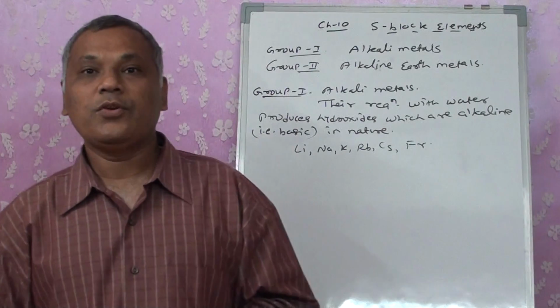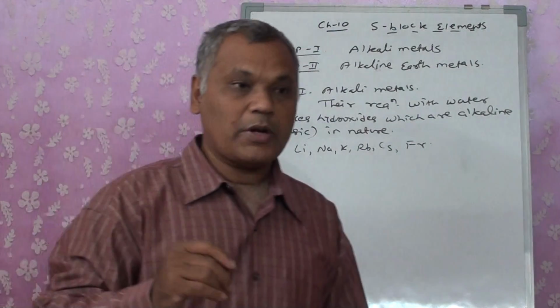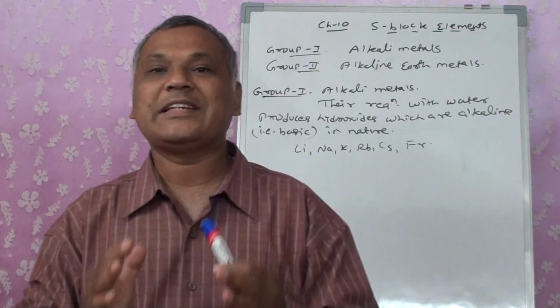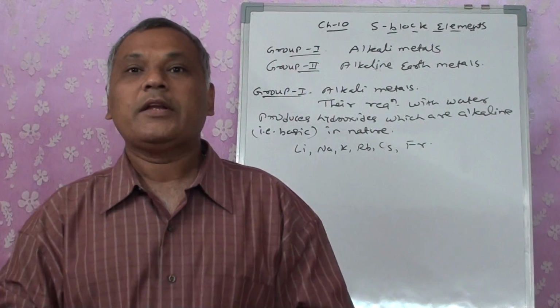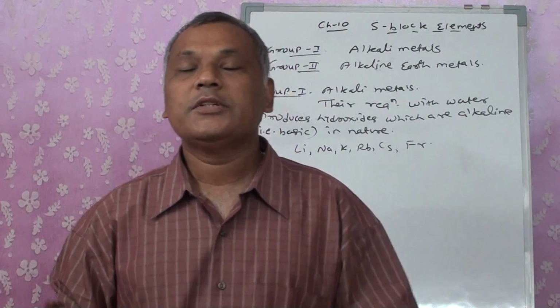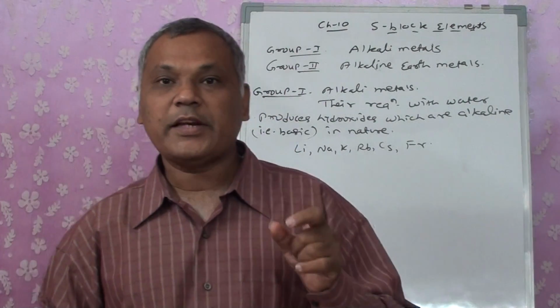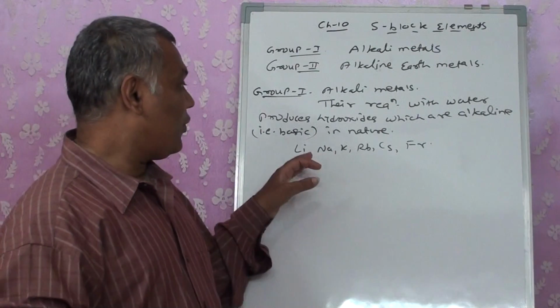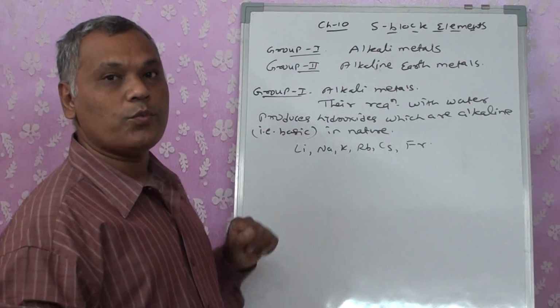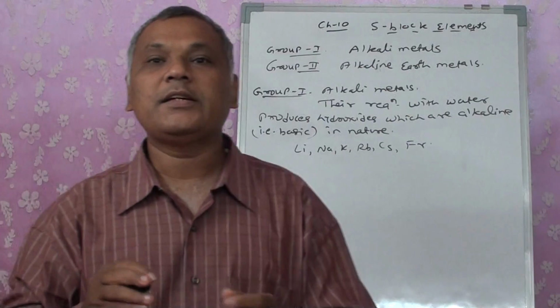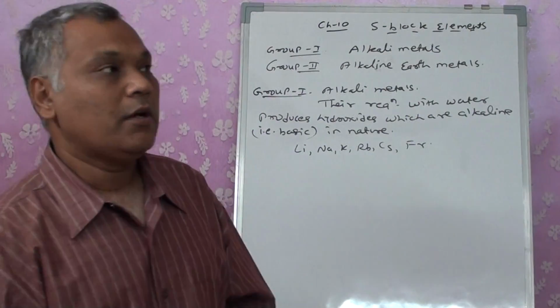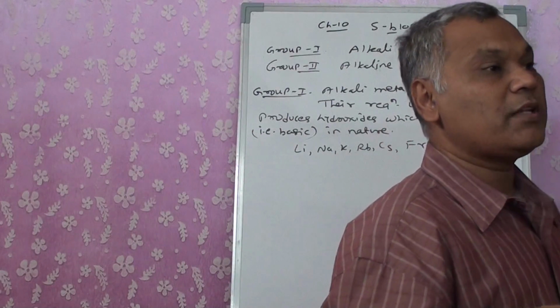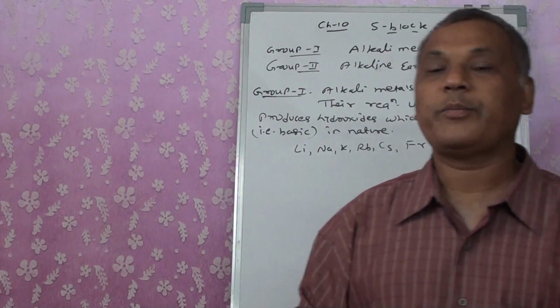But as we know, the position of hydrogen in the periodic table is not completely satisfactory for the first group, neither is it satisfactory for the 17th group. So it is placed in the center, and that's why we don't include it in this group. We study it completely as a separate element, in chapter number 9, a whole separate chapter on hydrogen.